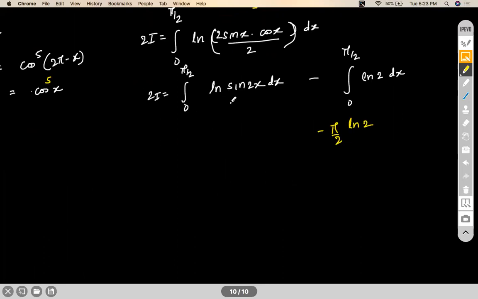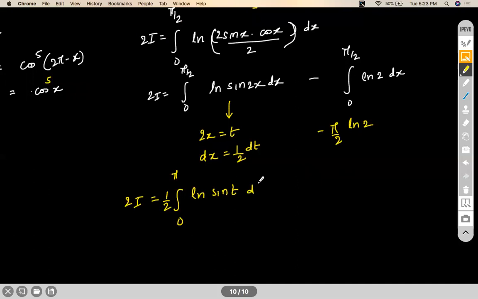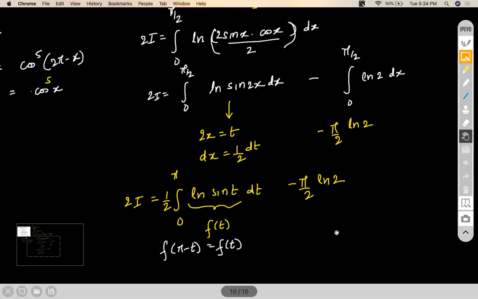Now let us work with this guy. In this, we'll put 2x as t. So dx is half dt. So 2I becomes the integral from 0 to pi of ln sin t times half dt. Am I right? Now if you treat this as your function f of t, you would realize that f of t and f of pi minus t are the same thing. Correct? Because ln sin of pi minus t is ln sin t again.